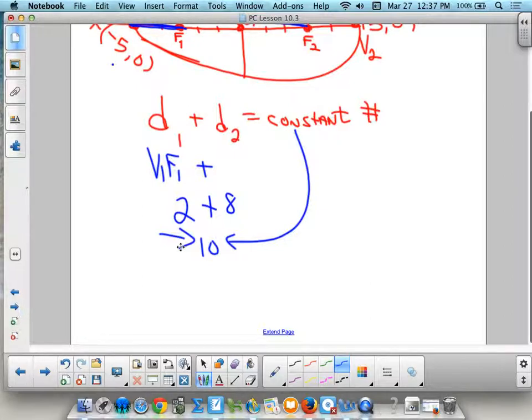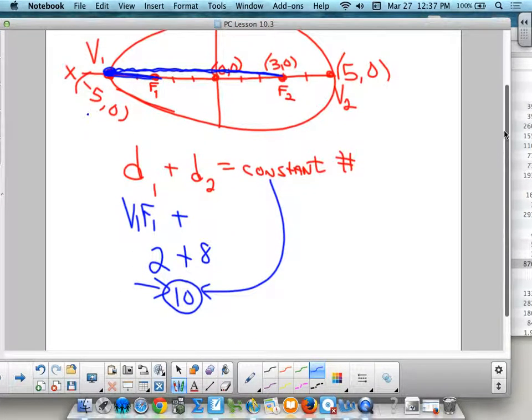Now tell me what that 10 actually stands for. What does 10 stand for? It is the constant number. You take any point on there, and that's what you should get every single time. If you pick the other vertex, you add those two distances, you should get 10.